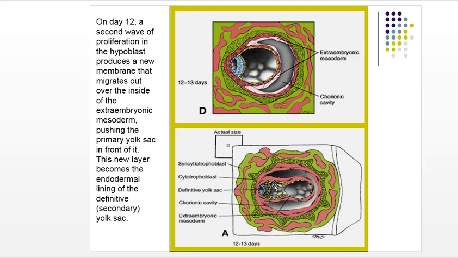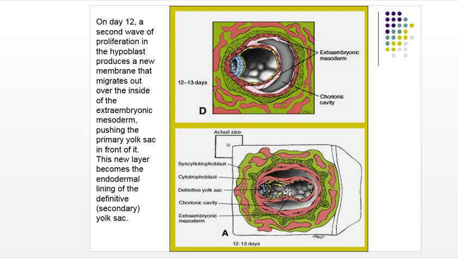This new membrane migrates out over the inside of the extra-embryonic mesoderm, pushing the primitive yolk sac in front of it.